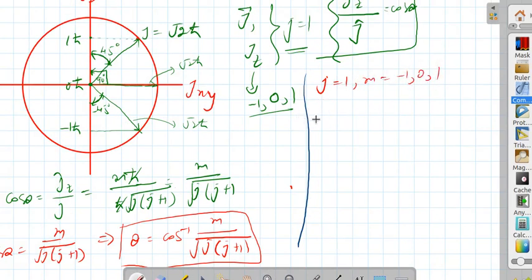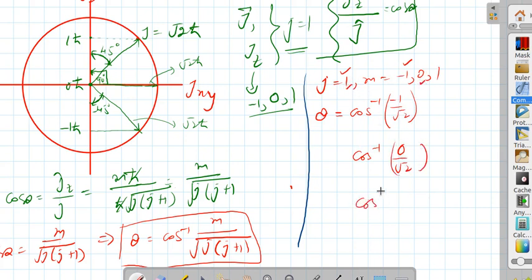That means theta comes out to be cos inverse of minus 1 over root 2 corresponding to these two values, or cos inverse of 0 upon root 2 corresponding to these two values, and cos inverse of 1 by root 2. This corresponds to this value and this value.